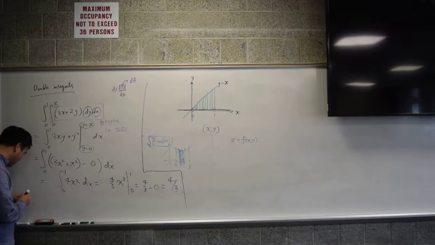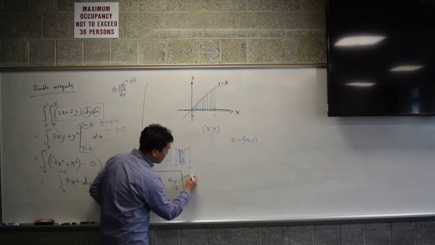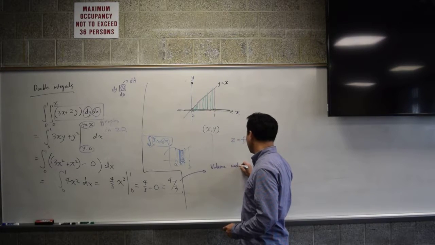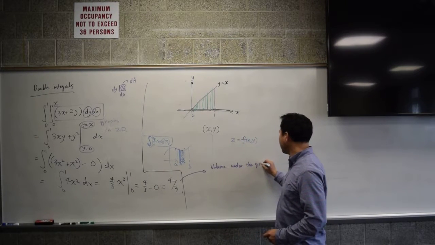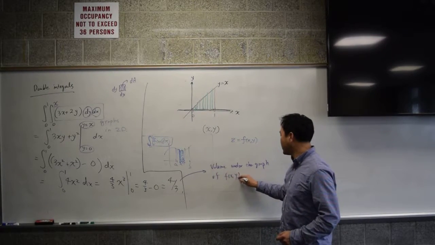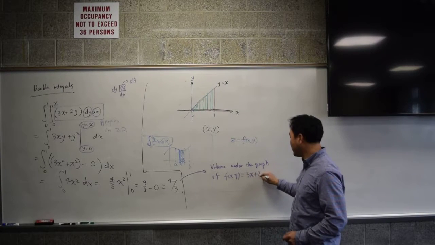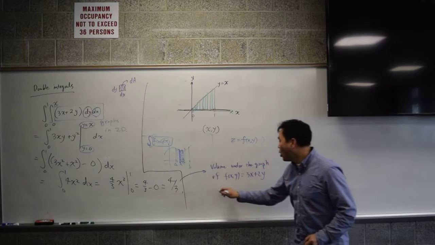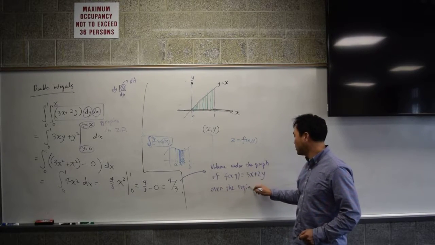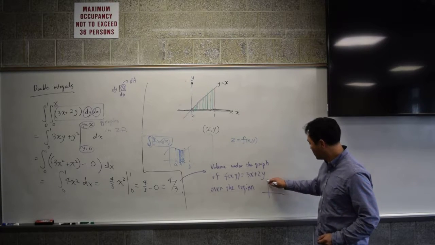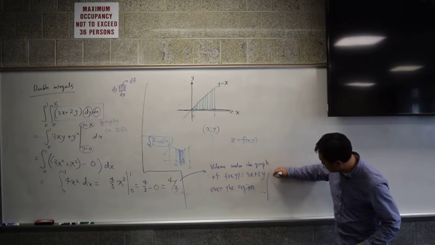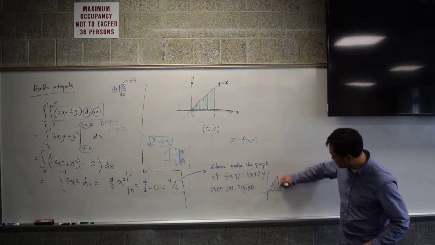So let me write that down here. This is the volume under the graph of f(x, y) equals 3x plus 2y, over the region, this thing.